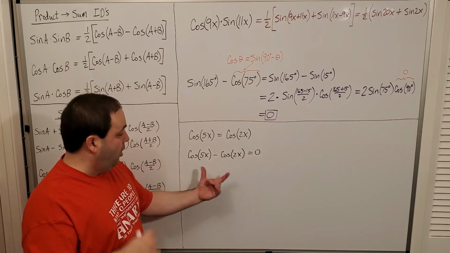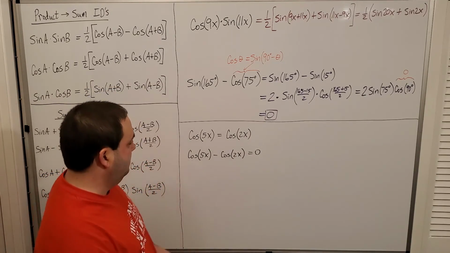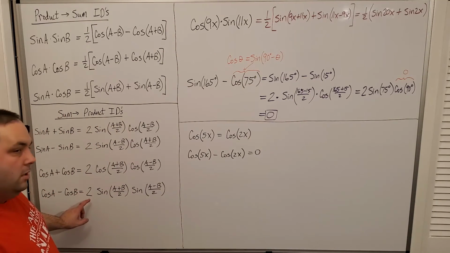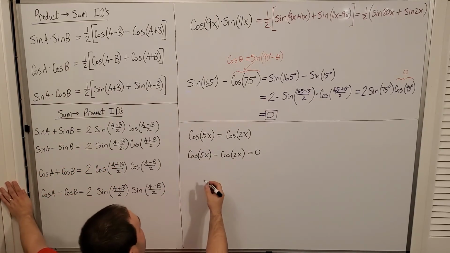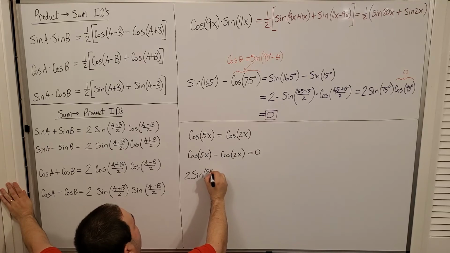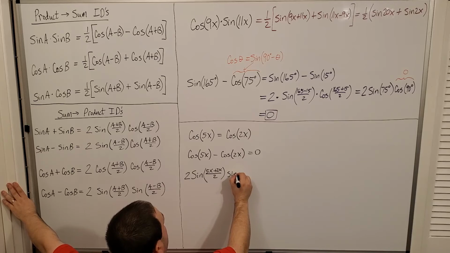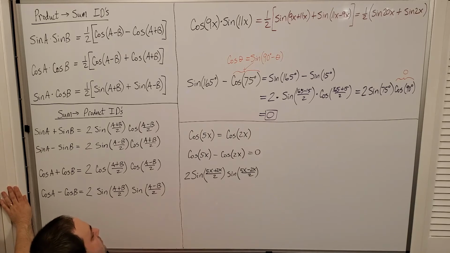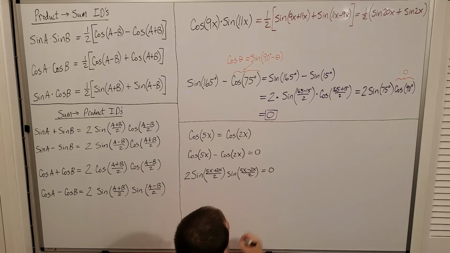And now that it's equal to 0, if this were a multiplication, I would be able to split it up into much simpler equations. So that's what I'm going to do. I'm going to convert it using this cosine minus cosine sum to product format. So right here, that means that this is going to be 2 times the sine of (5x plus 2x) over 2 times the sine of (5x minus 2x) over 2, like so, is equal to 0.